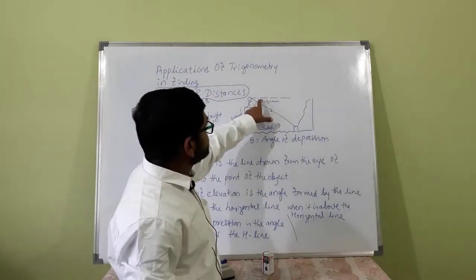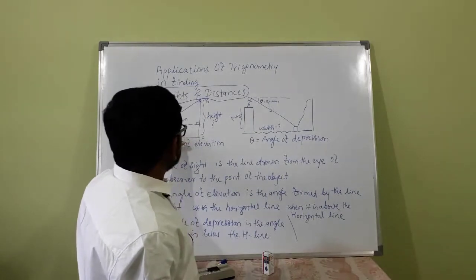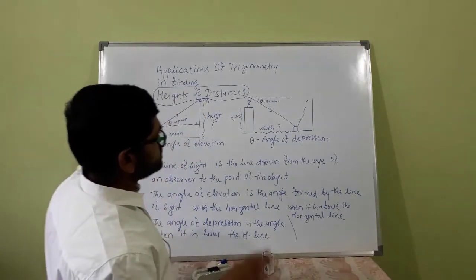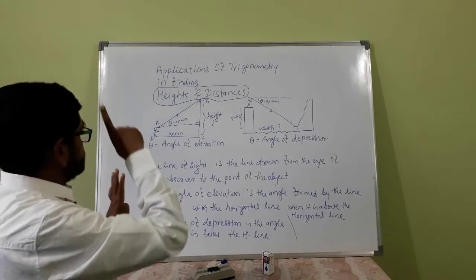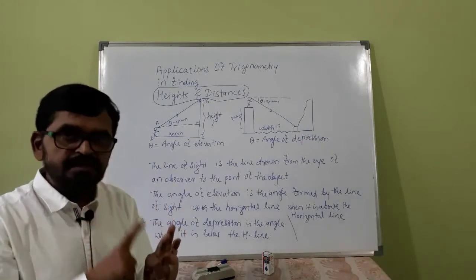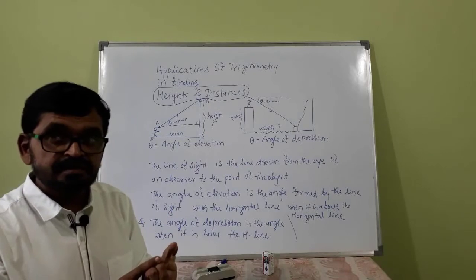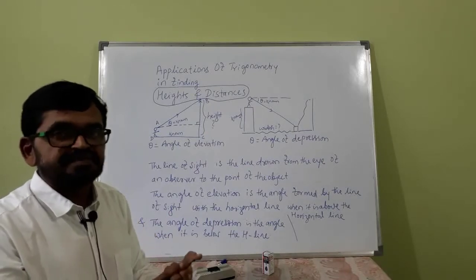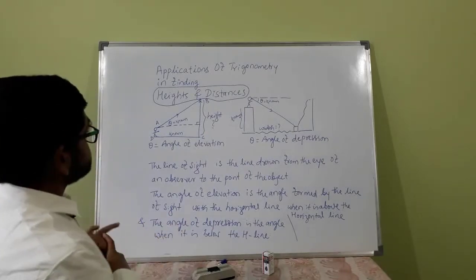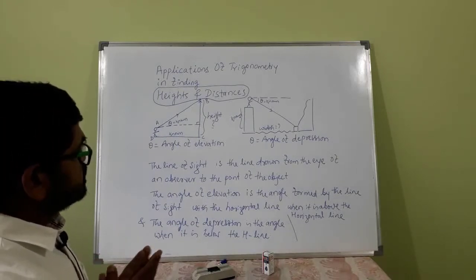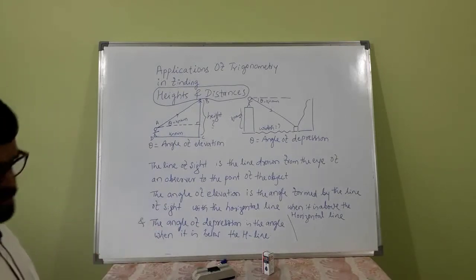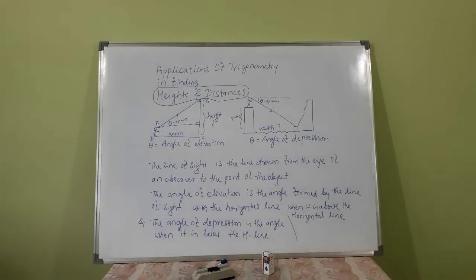This is the angle of depression, this is the angle of elevation. Only this is important: the line of sight, angle of elevation, angle of depression and tan theta. Tan theta is equal to opposite side by adjacent side. If you know this much information, it is enough, and you have to apply some little general knowledge, just knowledge of the problem.